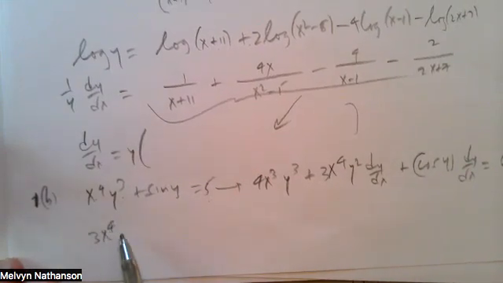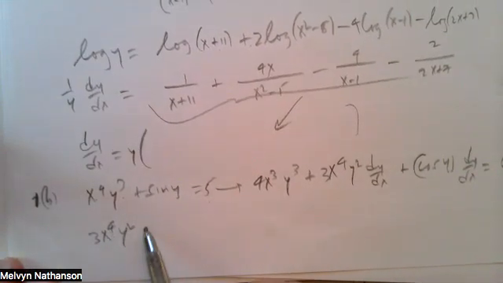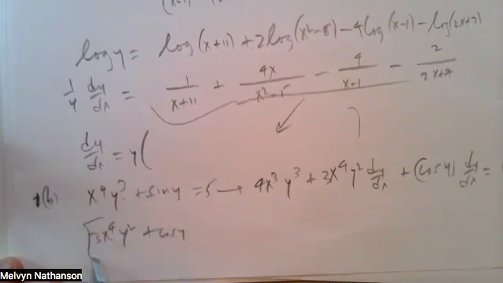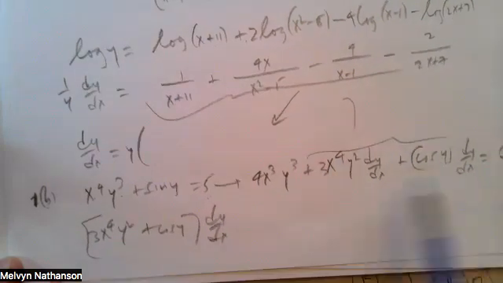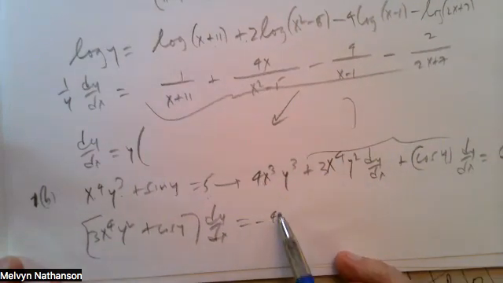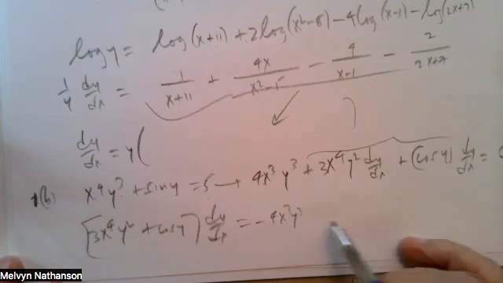3x to the 4th y squared plus cosine y times dy dx, that's these two terms, equals minus 4x cubed y cubed.